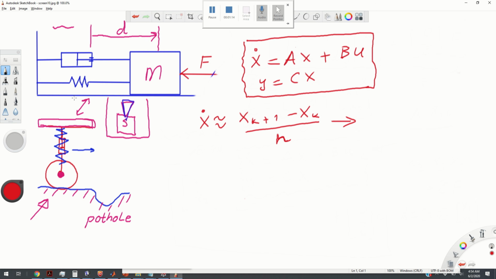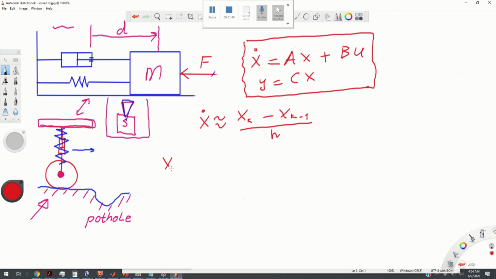Now, a better way, a more convenient and a stable way is to use the backward Euler method. So instead of using the forward differences, we use the backward differences and we represent the system dynamics, or actually the first derivative, as follows, where h is basically a discretization constant.